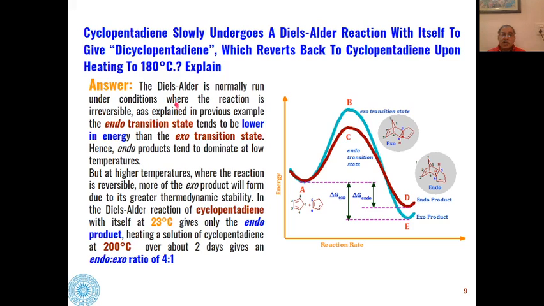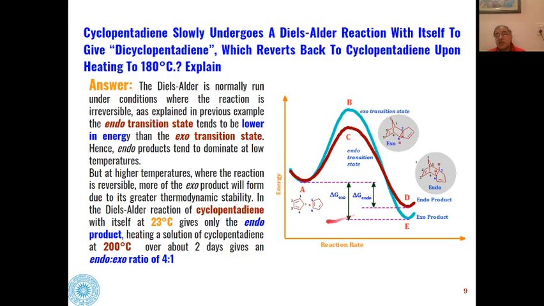And here also, the same thing which I have explained in the previous example, the endo transition state is lower in energy than the exo transition state. Therefore endo products will be dominant at low temperature.